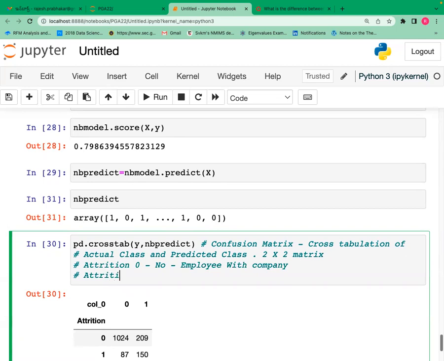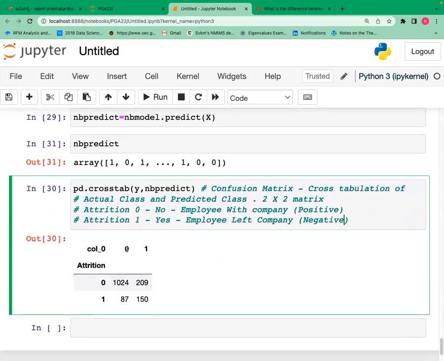Attrition 1 means yes, that means the employee has left the company. Which is positive and which is negative? Stayed with company is positive and left company is negative, right? So 0 is positive, 1 is negative.